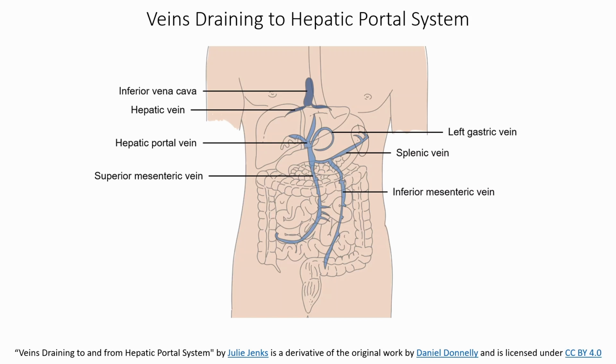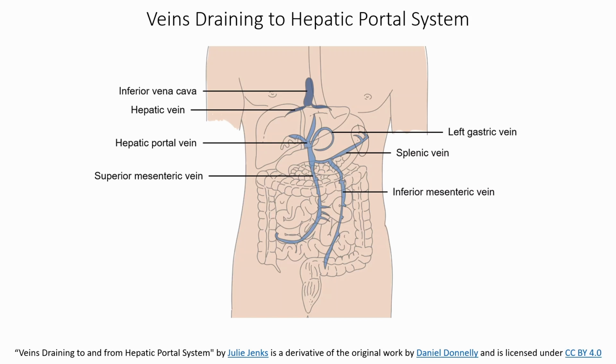So if we look at the veins that drain into the hepatic portal system, we talked about the superior mesenteric vein, but it also includes the inferior mesenteric, so all of the ones involved with the intestine, the splenic, and the left gastric, right? These are going to drain into that hepatic portal vein. So really the big players with your digestive system are going to drain into this hepatic portal system.